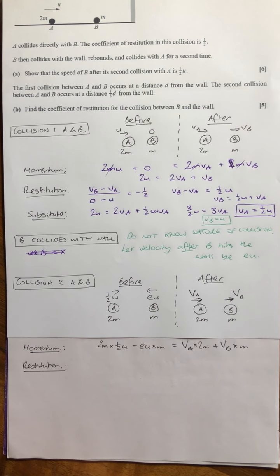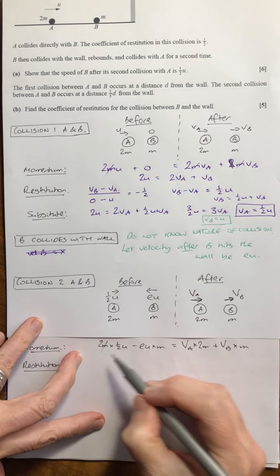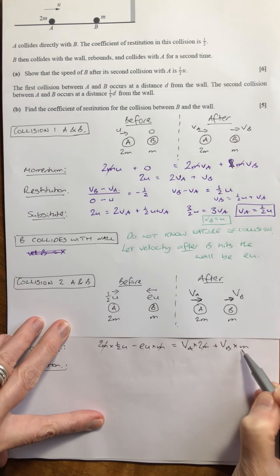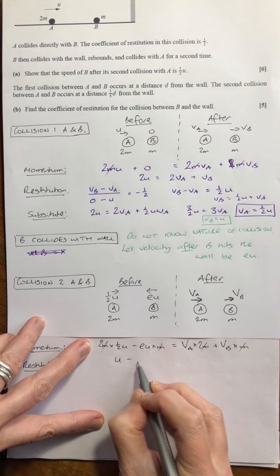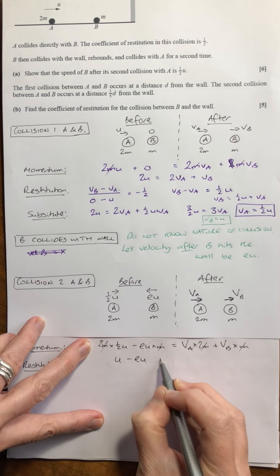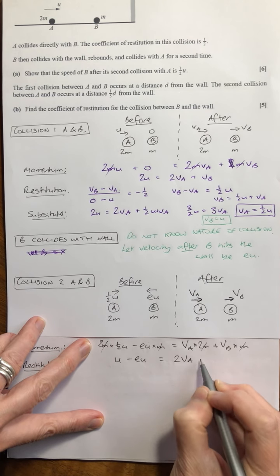So there is my momentum equation. Again, I have m's cancelling, and so I'm left with U minus EU is equal to 2VA plus VB.